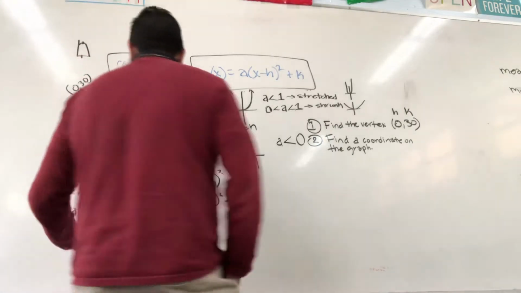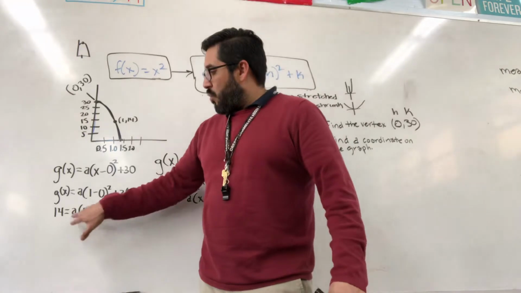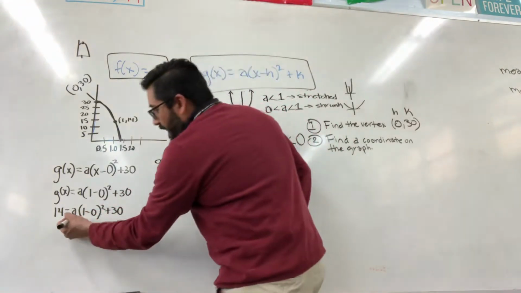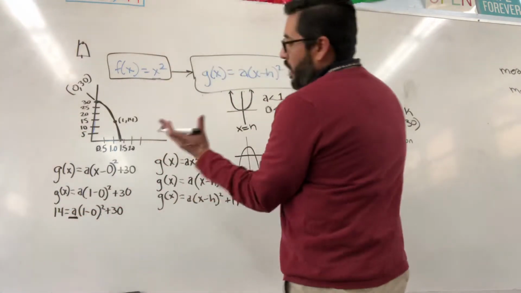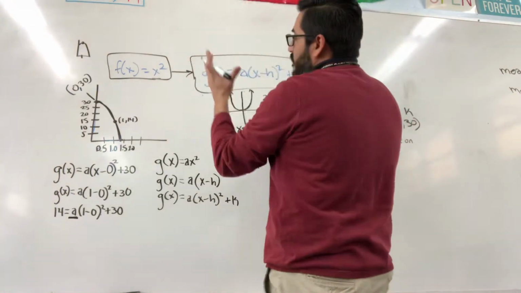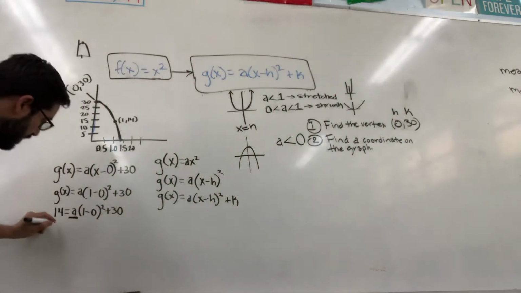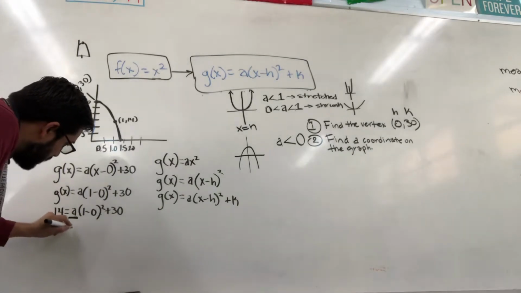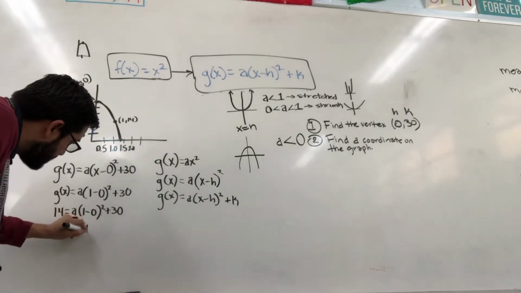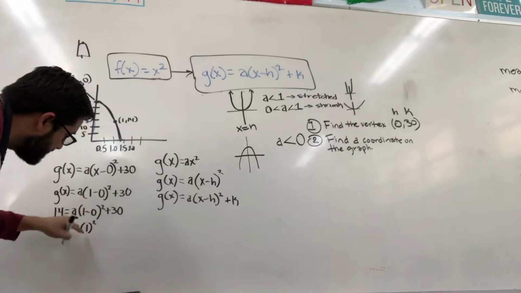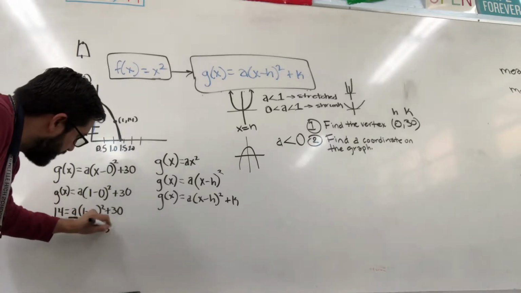And what we're looking for is, we want to find out what this value is. We want to know what A is so we know how to make the arc of our function. Okay, so now we just have to work this out. 14 equals A times 1 squared, because 1 minus 0 is 1, plus 30.